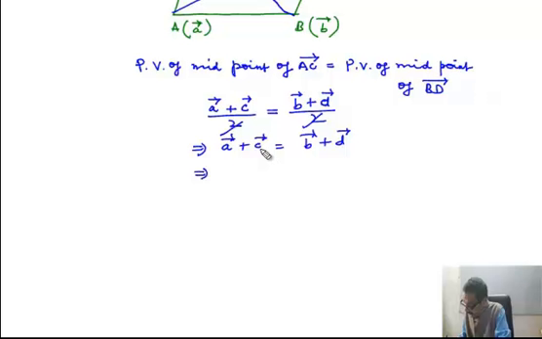Now if we have vector B minus A, then we can say this will be equal to vector C minus vector D.